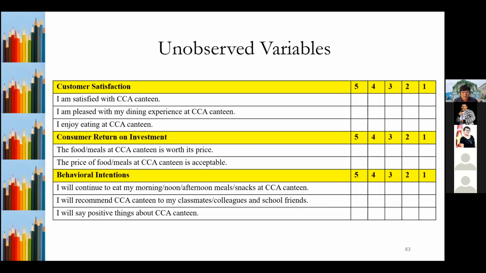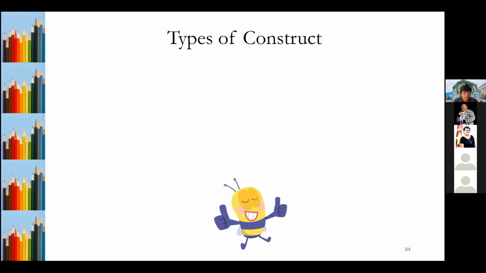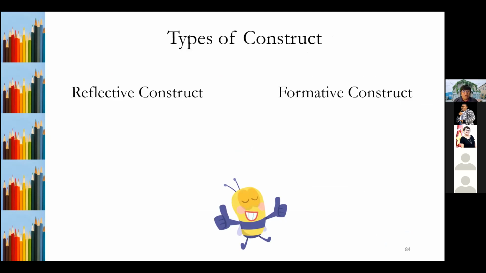Yesterday also, I mentioned that another thing that you need to consider in developing your instrument is whether you will be using a reflective or formative construct. I think this is one of the neglected aspects of designing an instrument, because in most cases, I think most students feel that all constructs are the same.